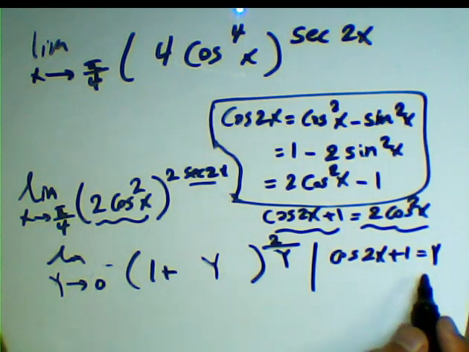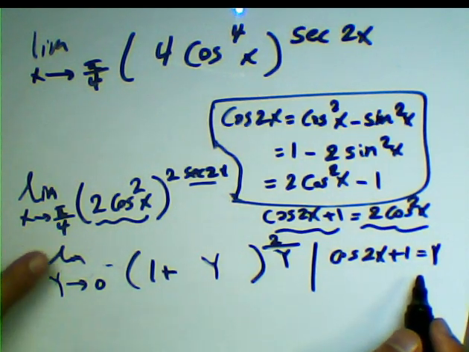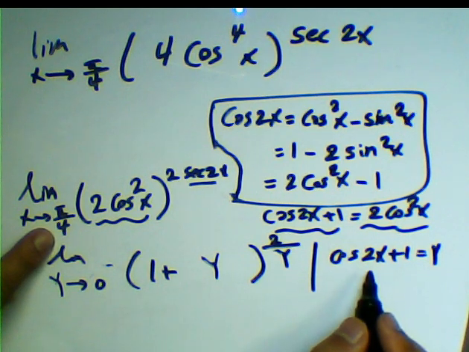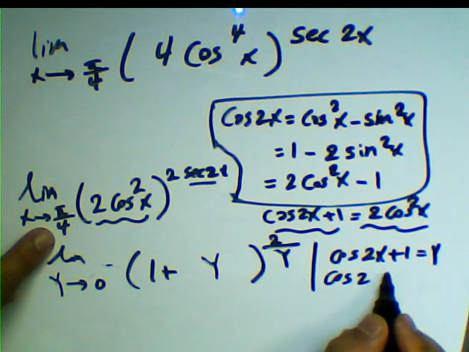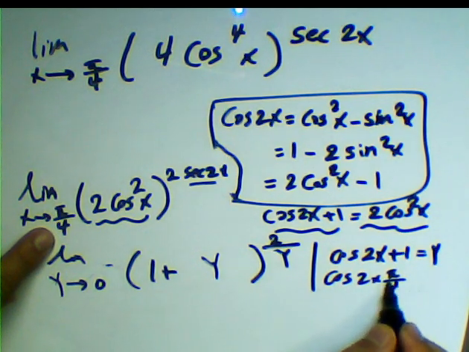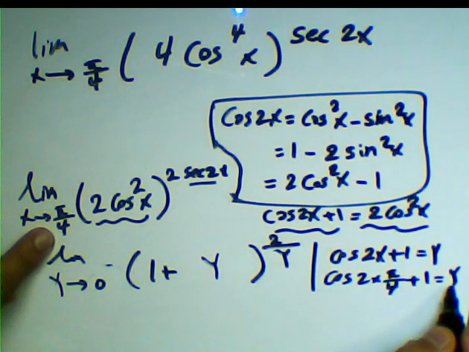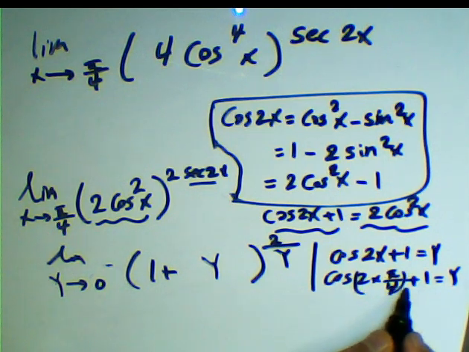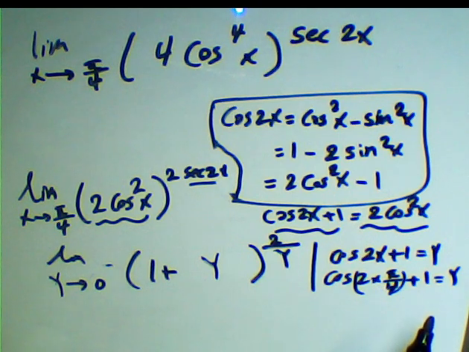Put it here: when x approaches pi over 4, let x equal pi over 4, cosine 2 times pi over 4 is pi over 2, which means 90, okay?